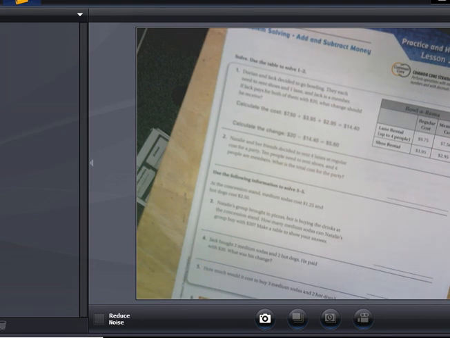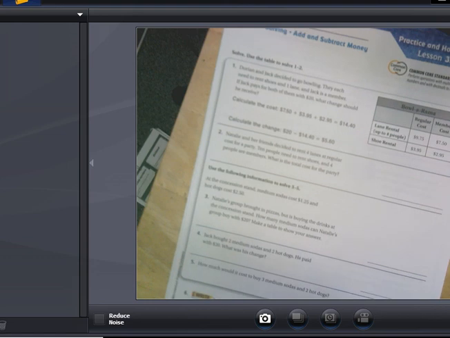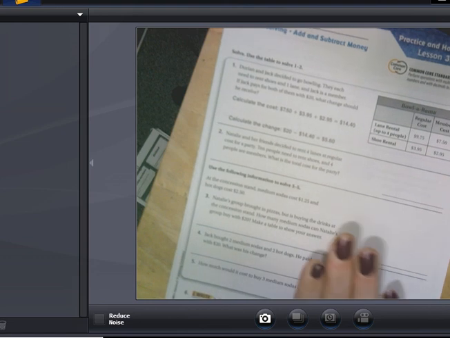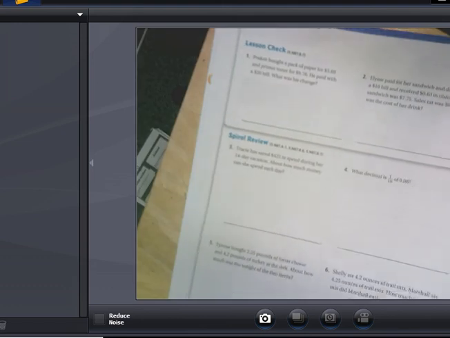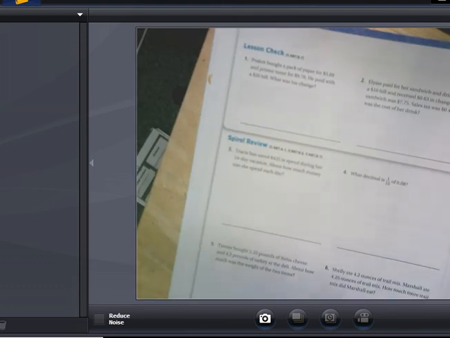It has to do with this here. Let's do 3, 4, and 5. Let's do this whole page, please, and you may work with your partner on that one. Let's do 1 or 2, same thing. And let's do the spiral review of 3, 4, 5, and 6.